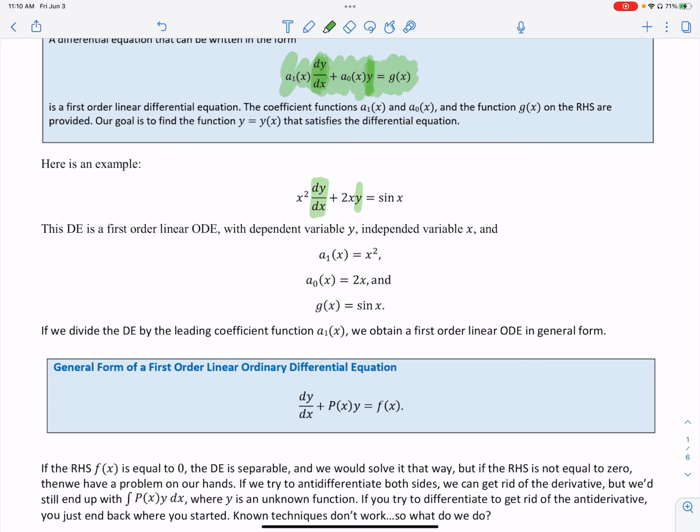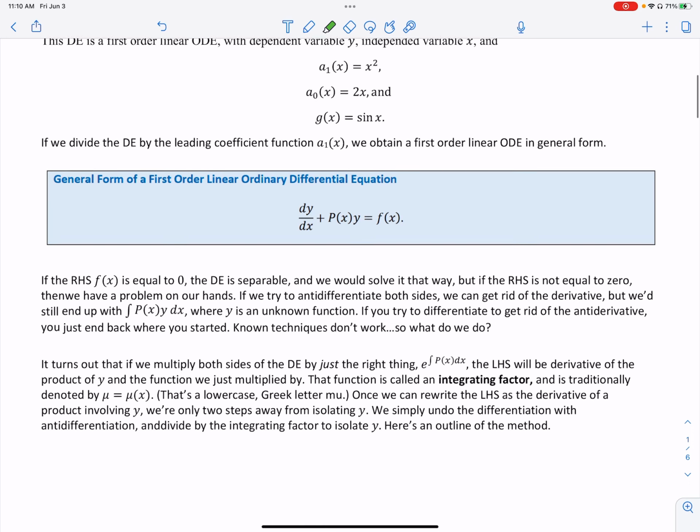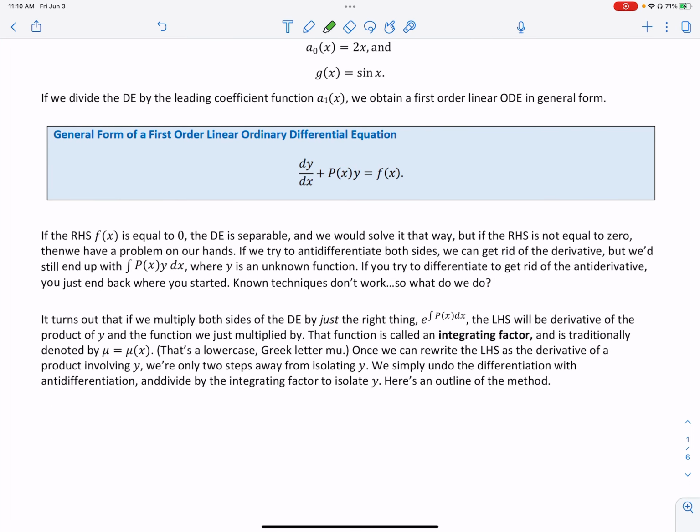Now to solve one of these, we are going to want to put it in a certain form. It's called the general form of your first order linear ODE. All you do is get the first derivative out front by itself. This p of x here is just whatever was there divided by the number that was out here. And I'll show you what I mean.